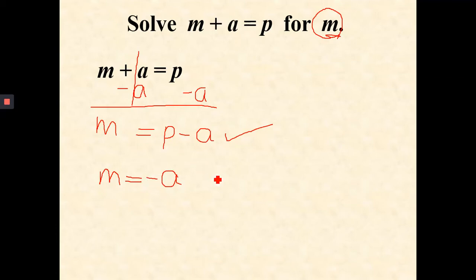And then after that, you're going to write p. And what is the sign of p? You cannot see any sign here, and that is understood to be positive. Okay? So m is equal to negative a plus p. That is, if we're going to follow the letters in the alphabet.